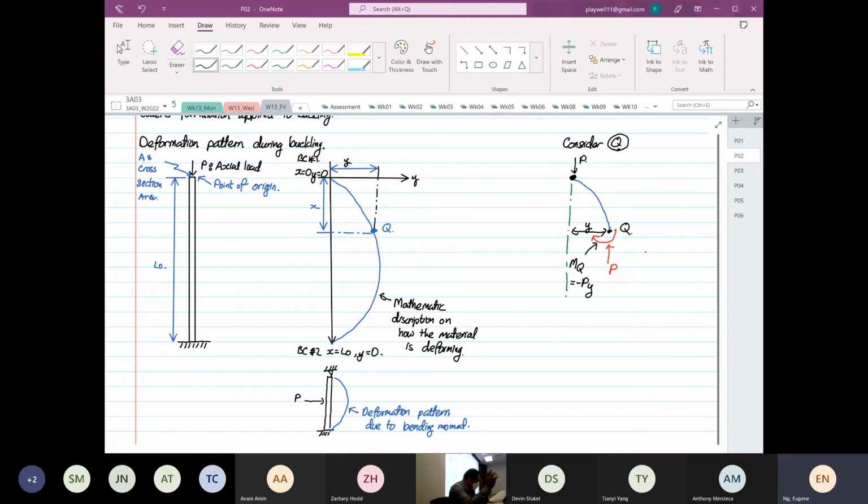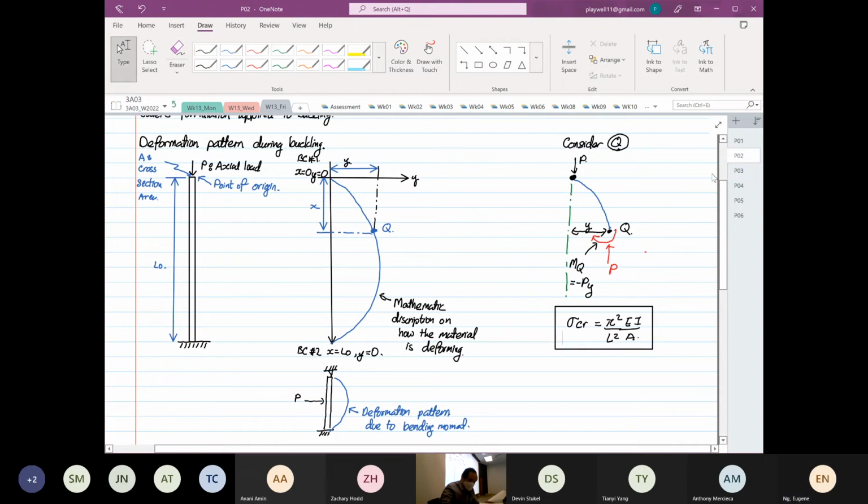The final form of this formula is critical stress is equal to pi squared over L squared, EI over A. That is the critical stress. This is what we are trying to derive.